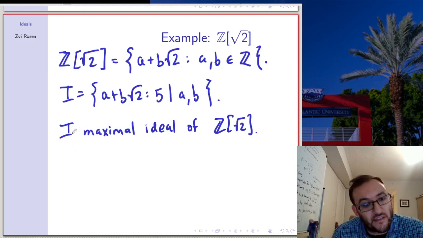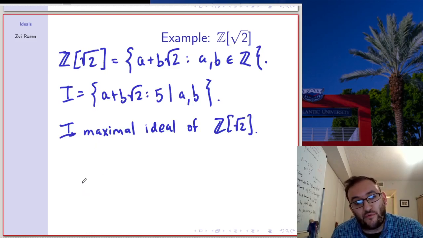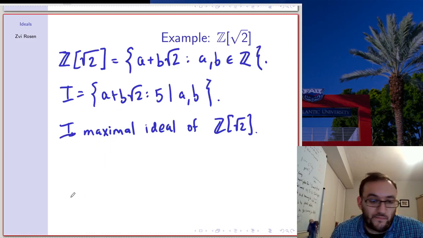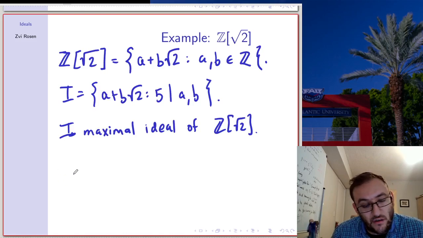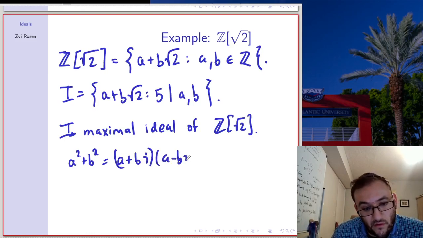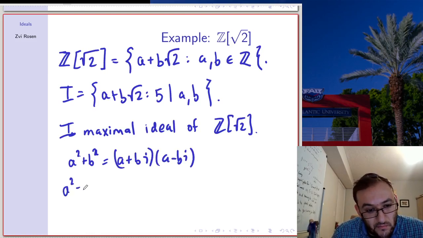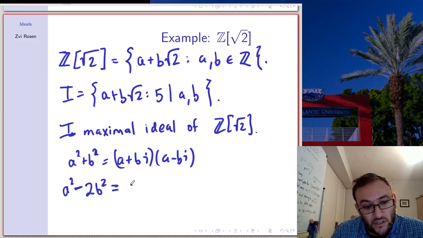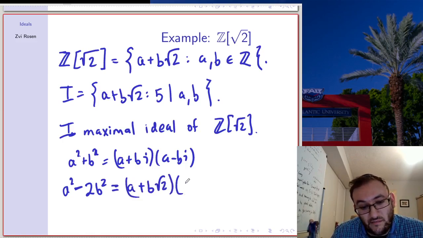You can prove this by arguing very similar to how we argued for multiples of 3 in the ring of Gaussian integers, except instead of looking at a squared plus b squared equals a plus bi times a minus bi, you can look at a squared minus 2b squared, which is equal to a plus b root 2 times a minus b root 2.